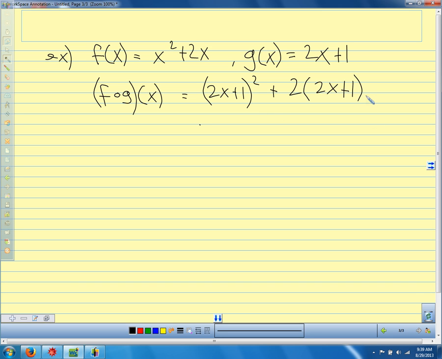If we go through the steps, I'm not going to go through the entire thing, if I expand this, distribute, combine like terms, I get finally 4x squared plus 8x plus 3. And because both of these are polynomials, I don't have to worry about the domain with these at all. So that's an easy composition.